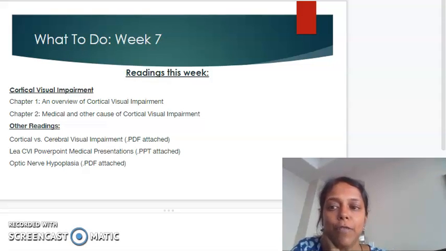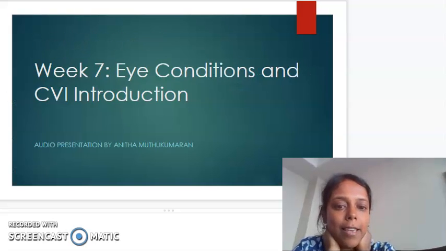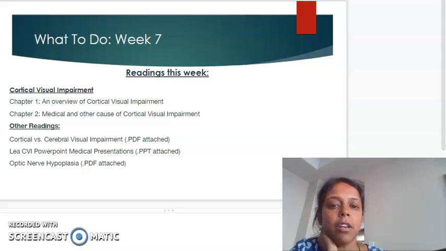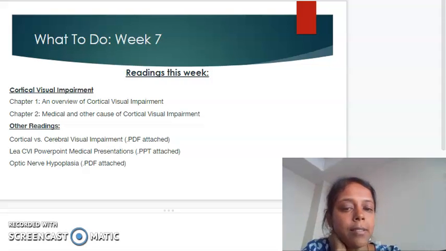So this week we will be focusing on the eye conditions report that we've been working on for the last couple of weeks, and we will be introducing the topic of cortical visual impairment. So what to do in week 7? The textbook readings are from the cortical visual impairment textbook by Dr. Christine Roman.